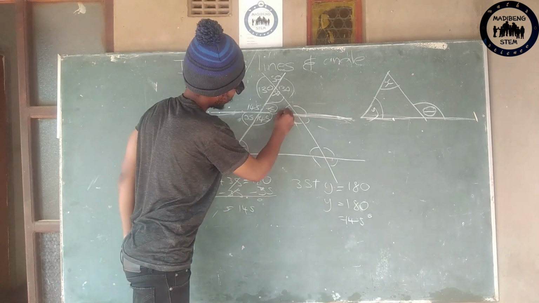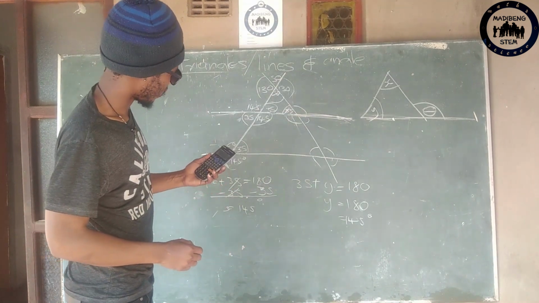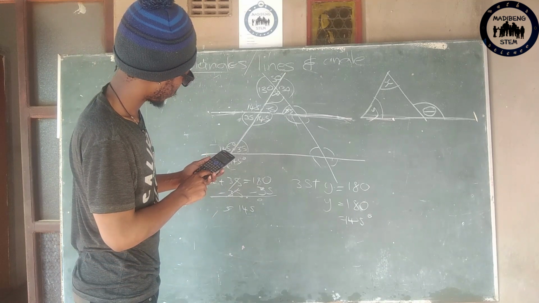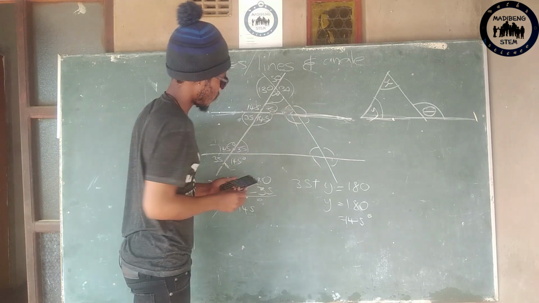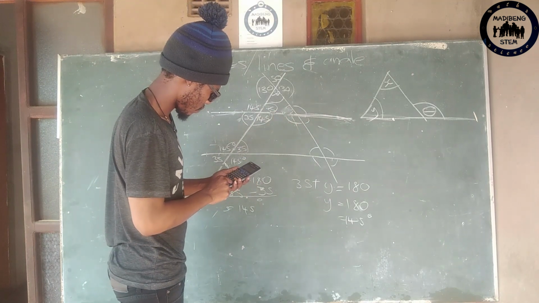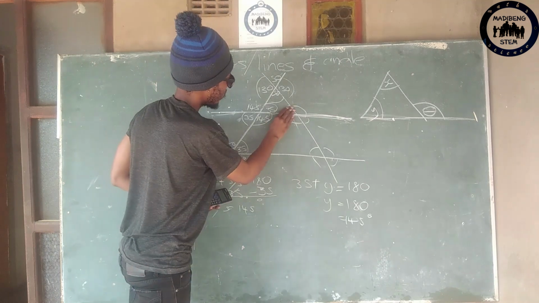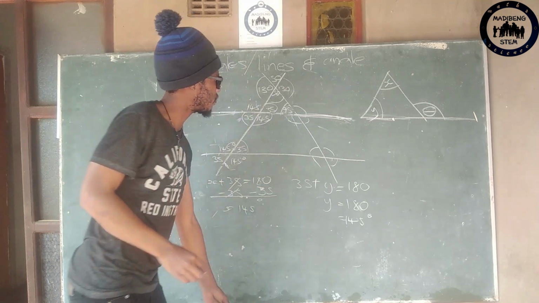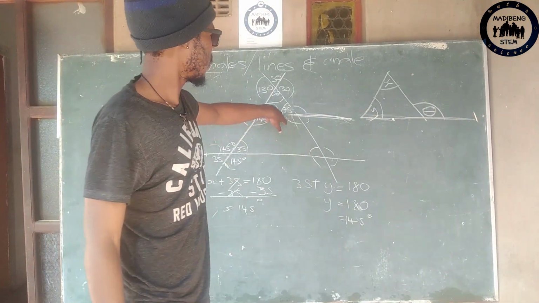So this one gives me 85. No, it doesn't give me 85. 180 minus 85 gives me 95. But I don't agree with this.